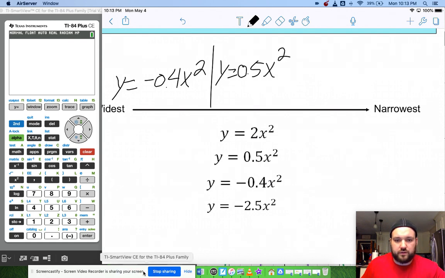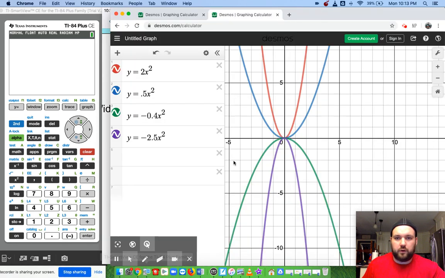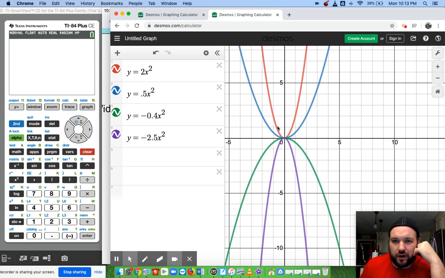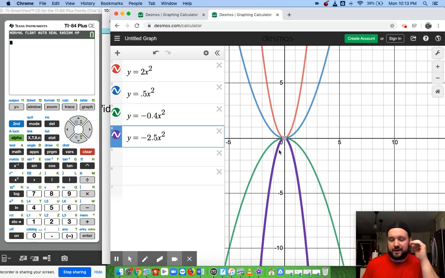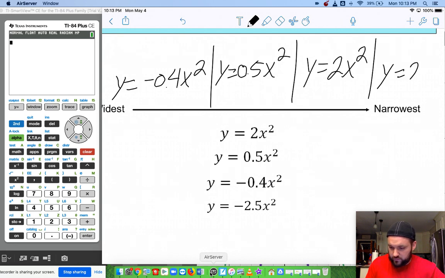If we go back here one more time, it's kind of tough to see, but this red graph, the 2x to the second power, is definitely narrower than blue and green, but the purple one is even a little bit more narrow. It's even more compacted side to side. So that means that my narrowest graph is that negative 2.5x squared.